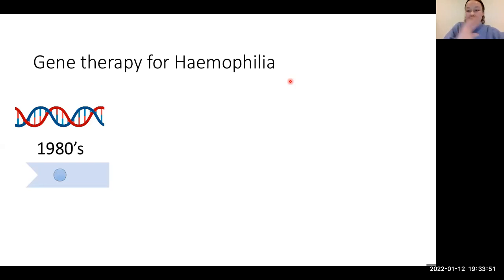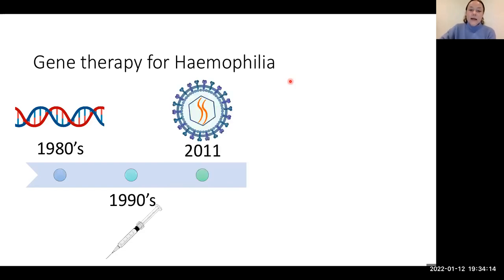Just to highlight the timeline for haemophilia: in the 1980s, they identified the genes that were responsible and were able to produce them in a lab. They then moved on, in the 90s, to using recombinant protein therapy, similar to the ADAMTS13 protein therapy. And in 2011 was the first successful clinical trial where a gene therapy for haemophilia was given to patients.